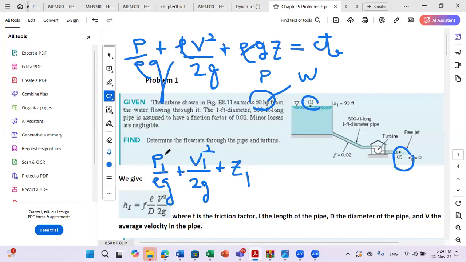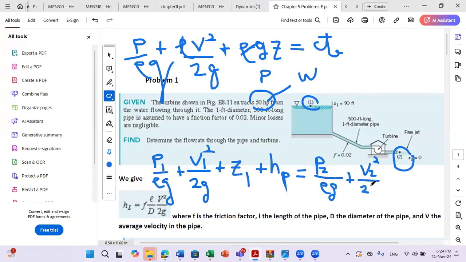So you will put it from this side, and you put plus head of pump equals to, from the other side, you have P2 over rho g plus V2 square over 2g plus Z2.